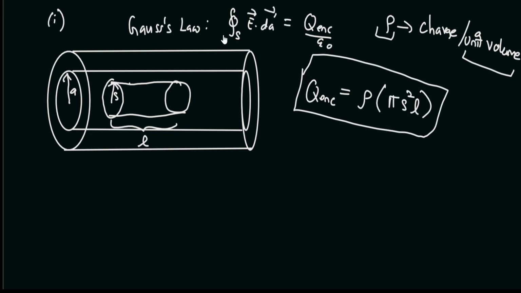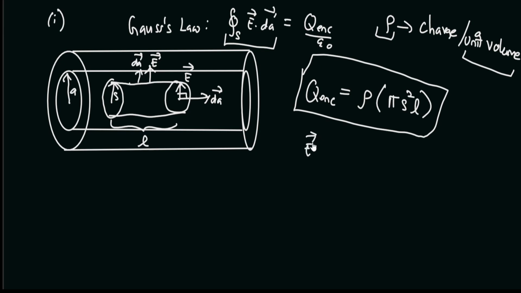What will be this integral? We know that the electric field will be along this direction, that is radially outward. So the electric field for the end caps will be along this direction, but the dA vector will be along this direction. So the angle between them is 90 degrees, so the dot product will be 0. And for the curved rectangular region, the electric field and the dA vector point in the same direction.